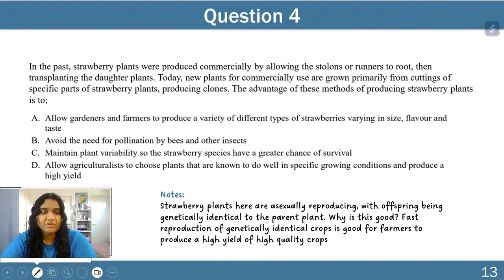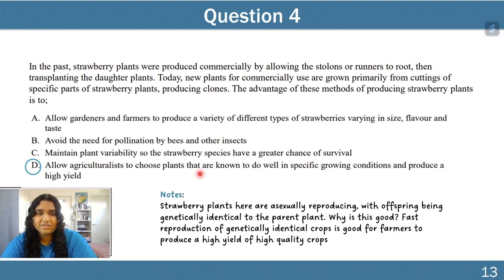So having that use of asexual reproduction involves the farmers getting a high yield of high quality crops, which is most like answer option D. It allows agriculturists to choose plants that are known to do well in specific growing conditions, copy them identically through asexual reproduction and produce a high yield.